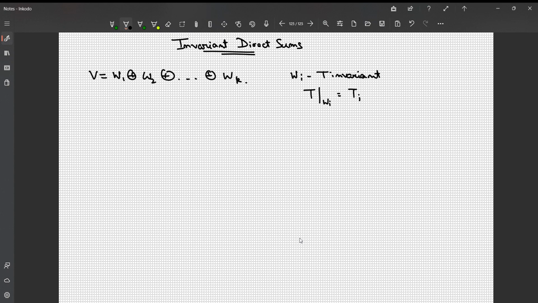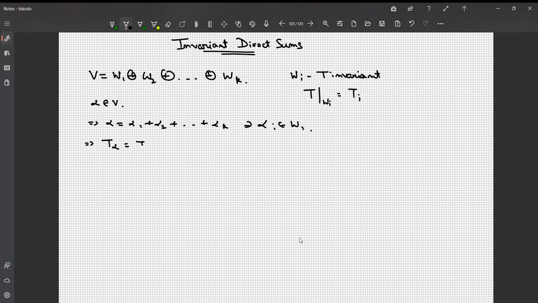But then what specifically happens, let's see. Suppose you choose an element alpha from V. That implies alpha can necessarily be written as alpha 1 plus alpha 2 and so on till alpha k, such that each alpha i is from Wi. Then what is the image of alpha under T?